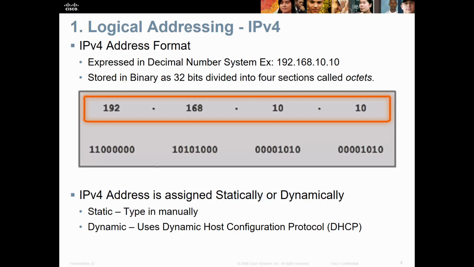It is logical addressing because this type of addressing, we need it to be independent of the hardware of the network. So we deploy various devices today, from phones to laptops to printers. All of these different devices, even newer types of devices that we started to see as part of the platform we call Internet of Things, which allows us to use various sensors, even devices at home like refrigerators and microwaves.